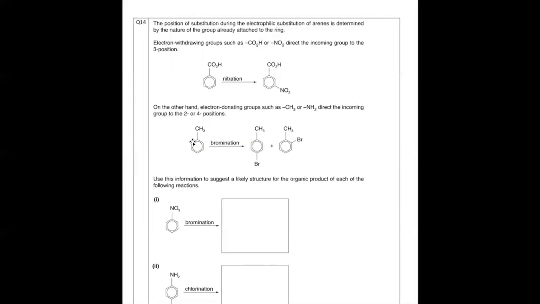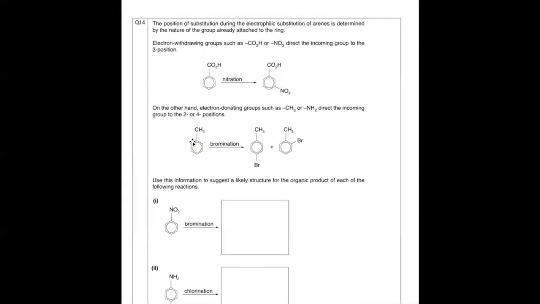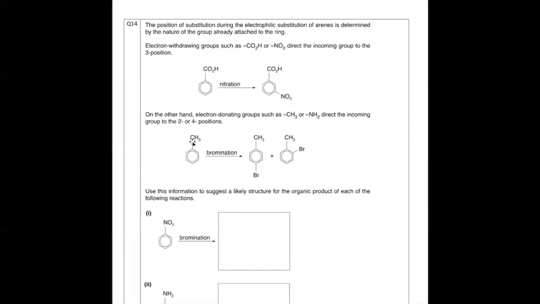Basically, the first part is just telling you that COOH activates the third position. Okay, this is the third position. And then it tells you CH3 activates the 2 position and the 4 position.